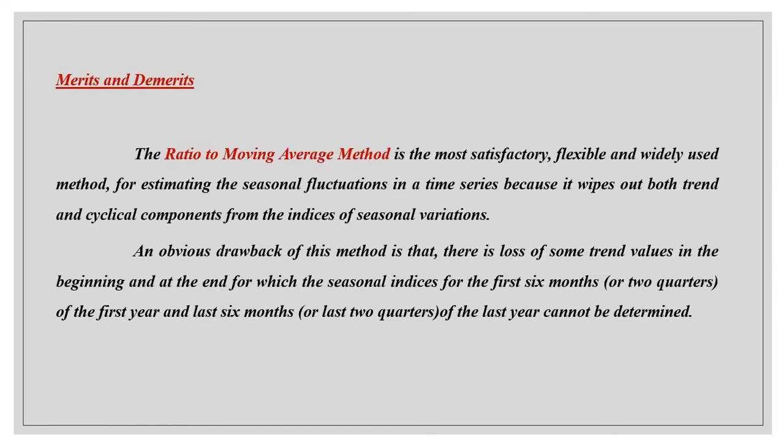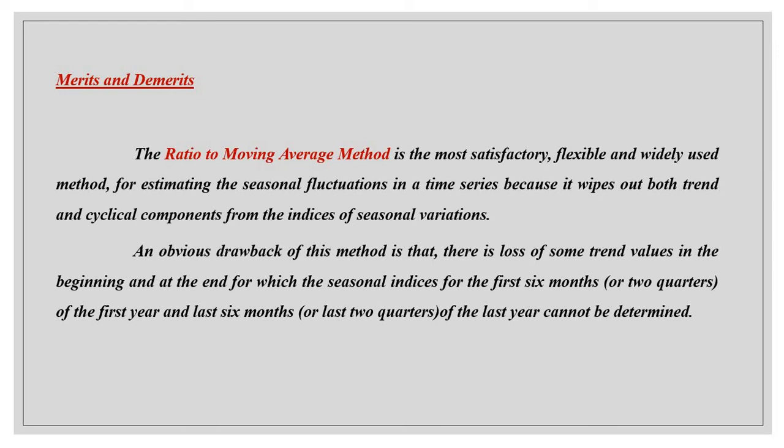The merits and demerits of this method. The ratio to moving average method is the most satisfactory, flexible, and widely used method for estimating the seasonal fluctuations in a time series because it wipes out both trend and cyclical components from the indices of seasonal variations.